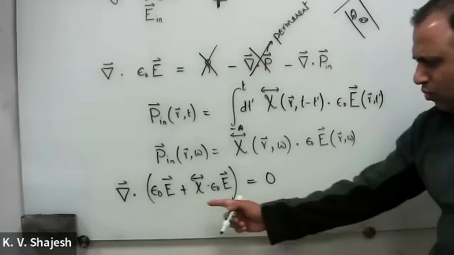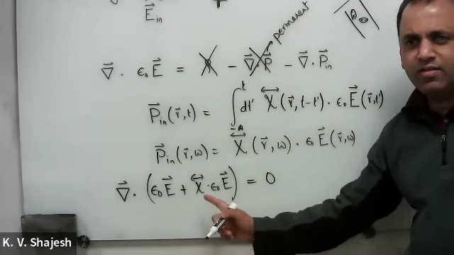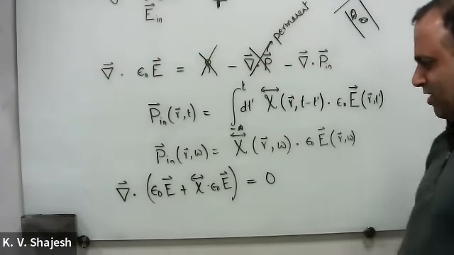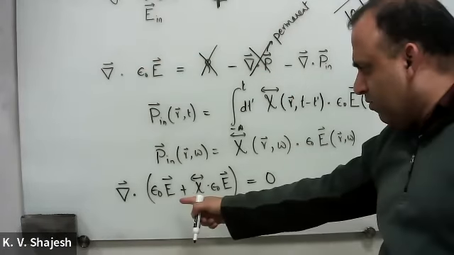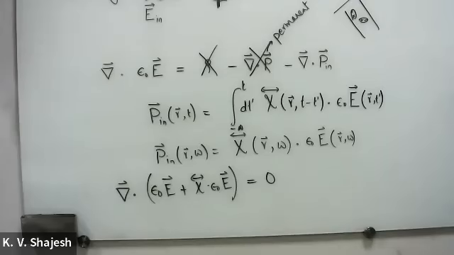And what is this equal to? This is a familiar thing. It is written in a very complicated form. What's the definition usually? Induced polarization. No, D, right? The displacement vector. So this is written in a very complicated way.